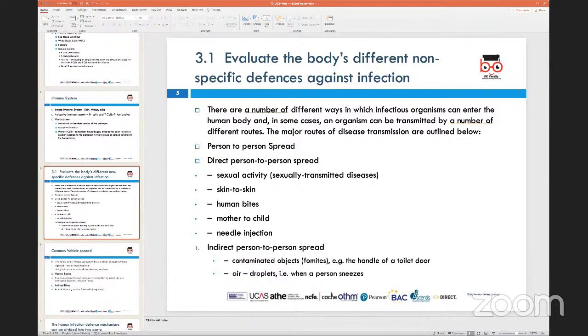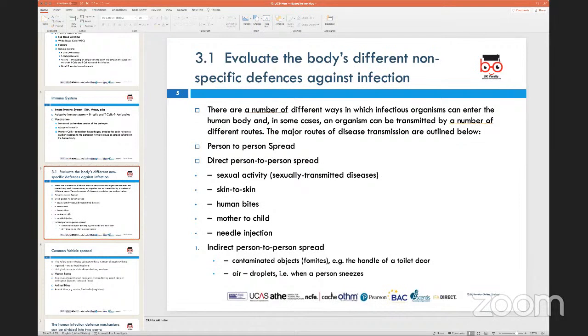So sometimes, to give you an example of this, when we talk about non-specific defenses against pathogens, we are talking about barriers which are present on your body, but these barriers would essentially show some sort of reaction to the infection or the pathogen which is trying to infect your body.